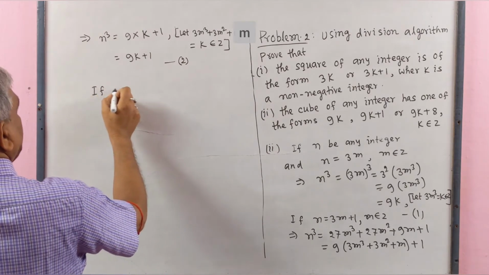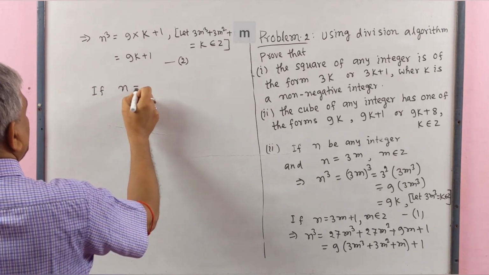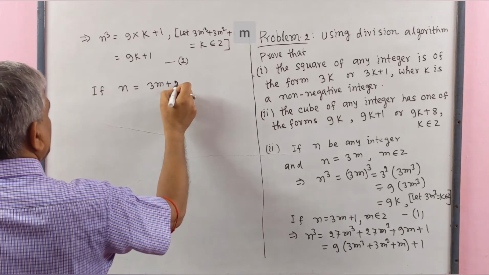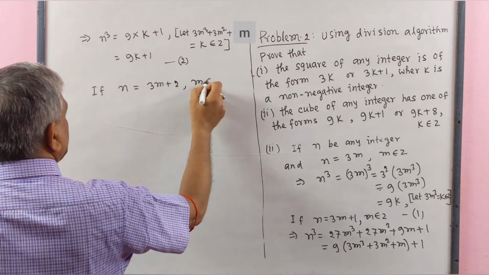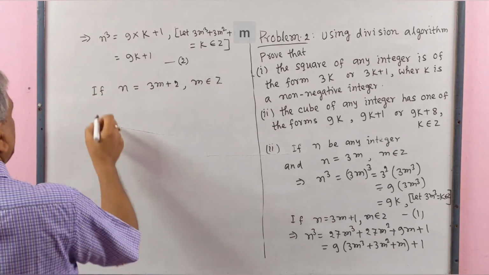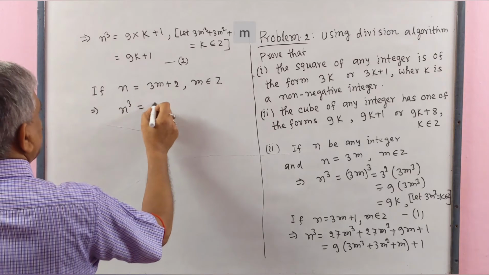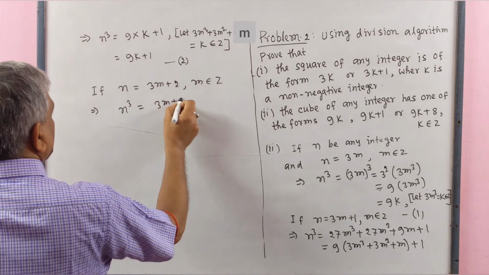If n equals 3m plus 2, m belongs to Z, it implies that n cube equals 3m plus 2 whole cube.